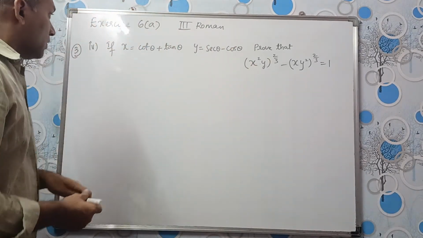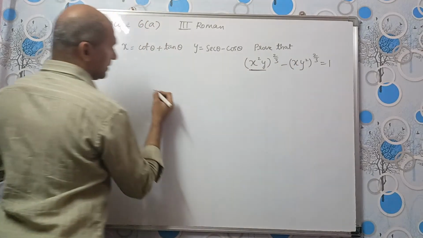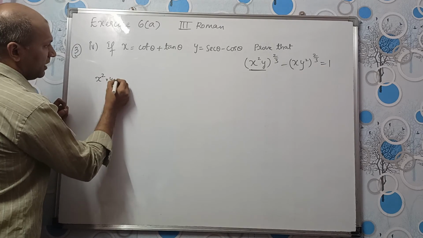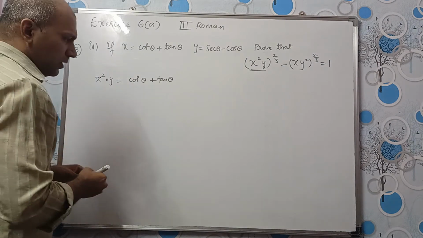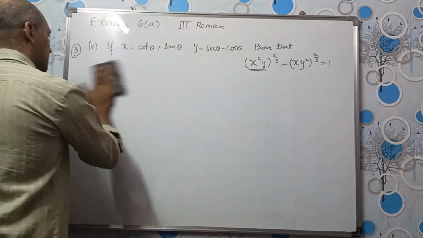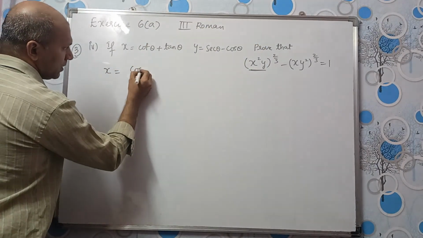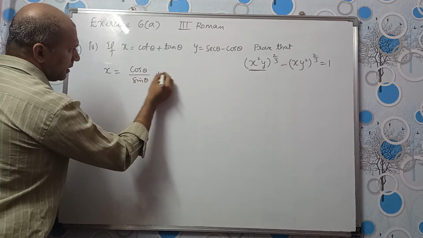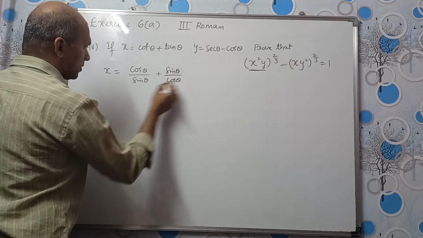Alright, okay. Now see, we have x is equal to cot theta plus tan theta, right? So let us write this x value as cos by sine plus sine by cos.